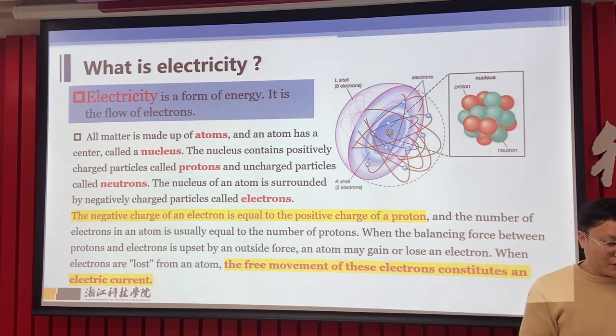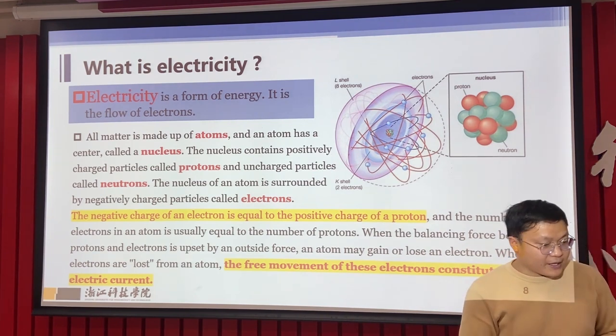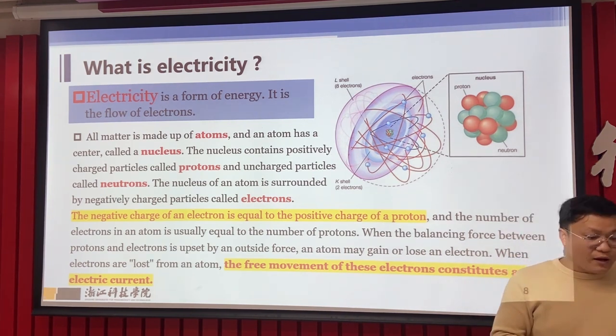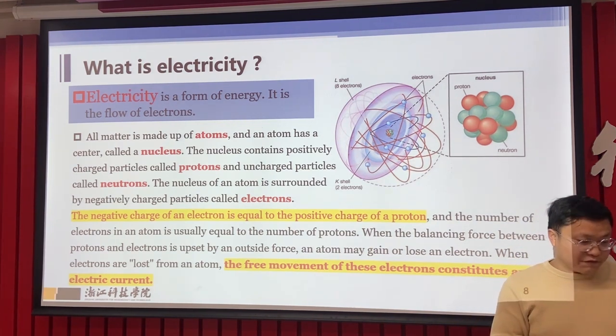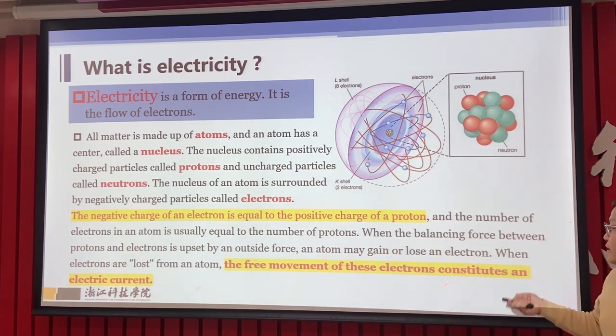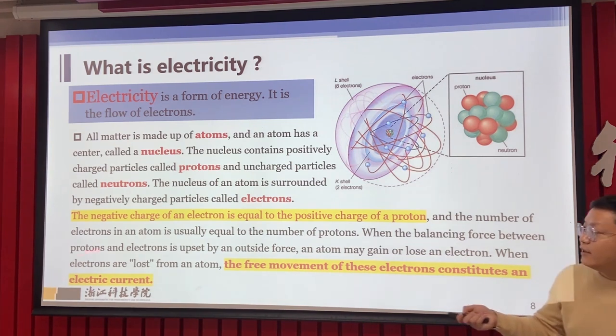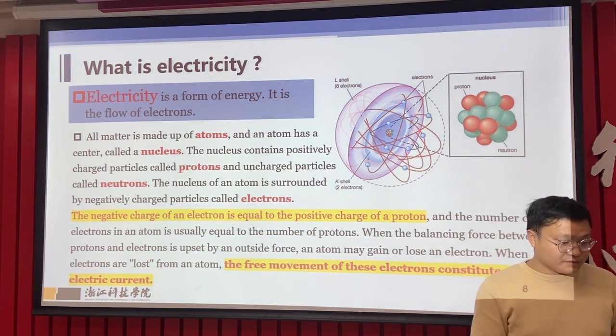When the balancing force between protons and electrons is upset by an outside force, an atom may gain or lose an electron. When electrons are lost from an atom, the free movement of these electrons constitutes an electric current, and then we get electricity.